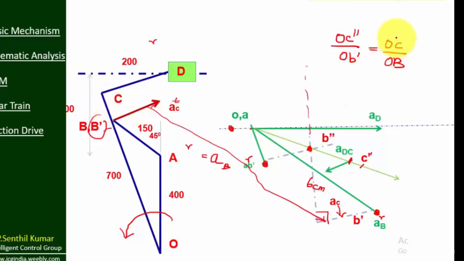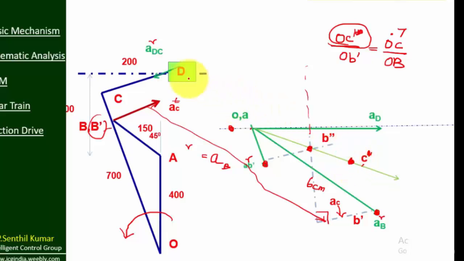So the OC value is 0.7. The OB value also we can measure from the diagram. Then OB dash is known. When you substitute, you will get the OC dash value. So we are measuring OC dash. So from that we will get C dash as this point.